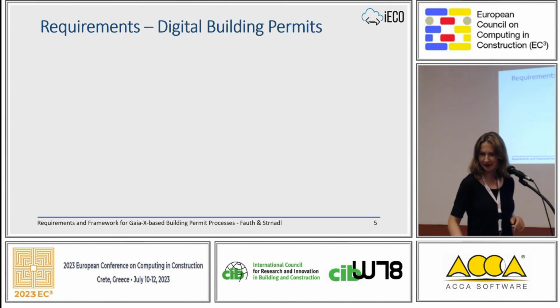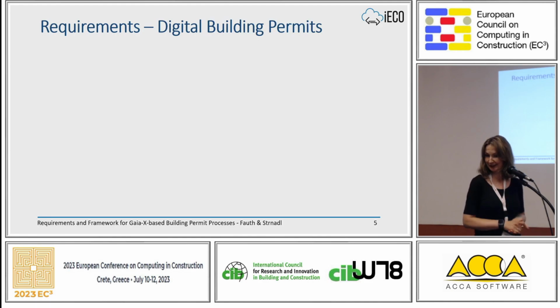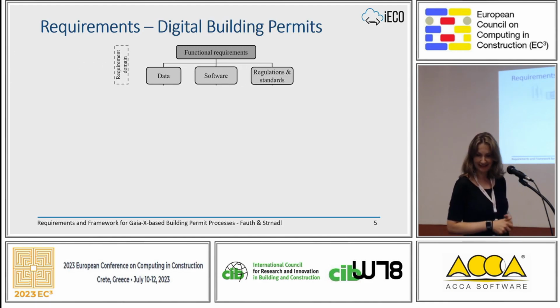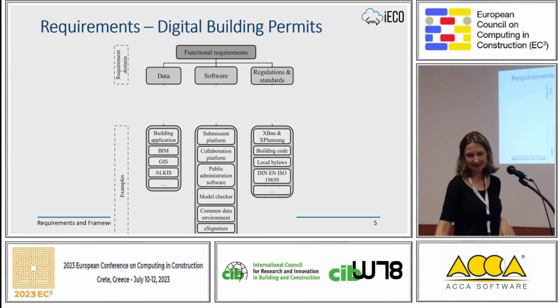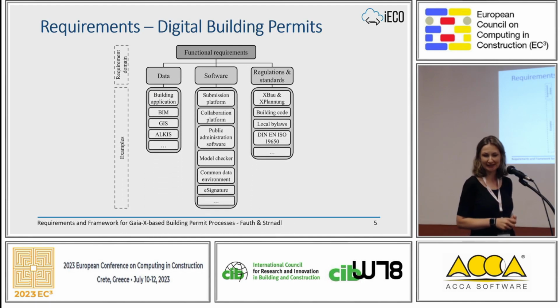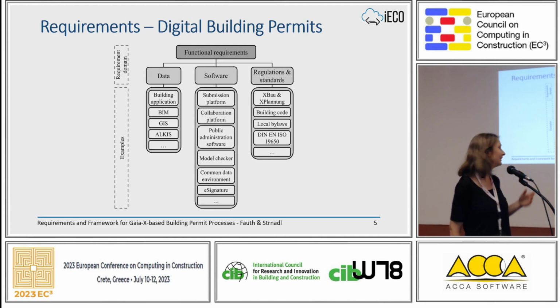But maybe more interesting are the digital building permit requirements. Here, the domains I mentioned before: data, software, regulations, and standards. I can give you some examples. For the data, we have the building application data, which is in the building application. We have maybe also BIM data, GIS data, or ALKIS, which is quite familiar in Germany and related to Kataster and things like that.